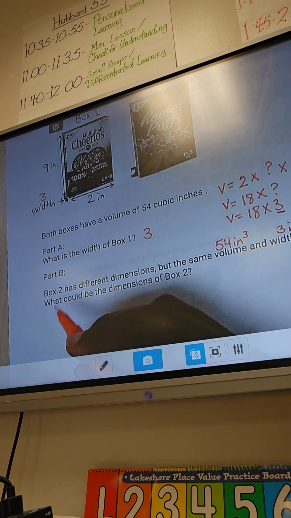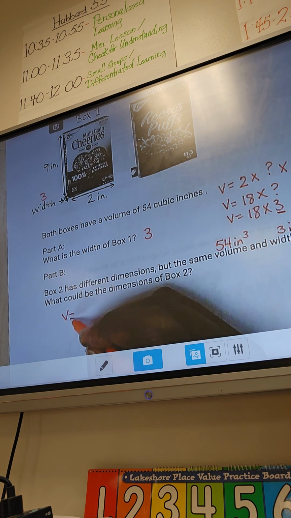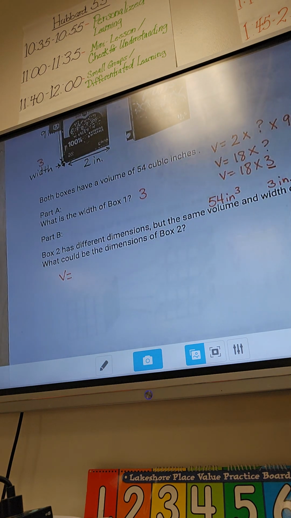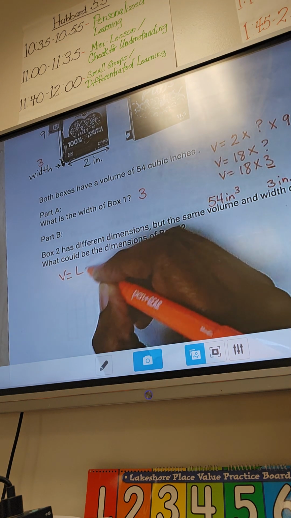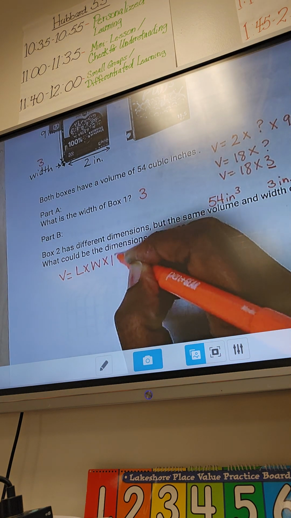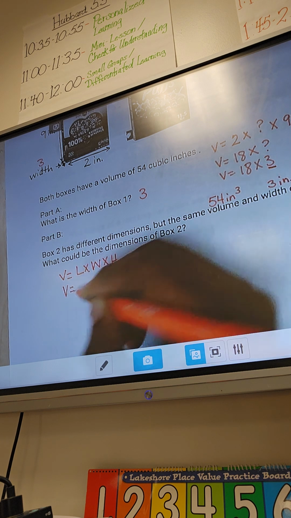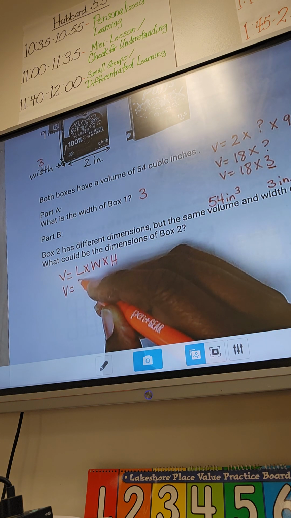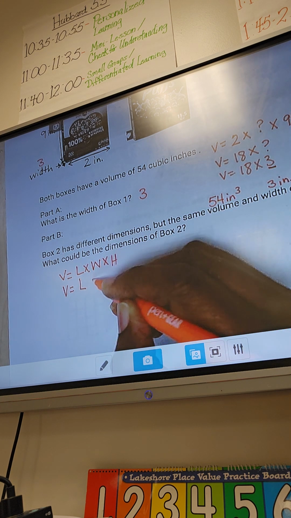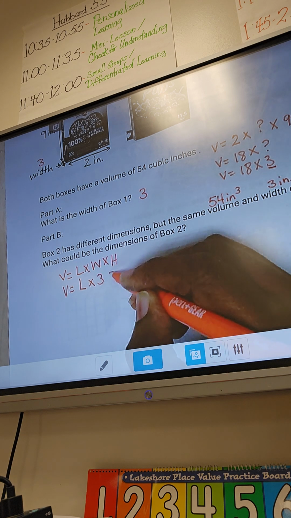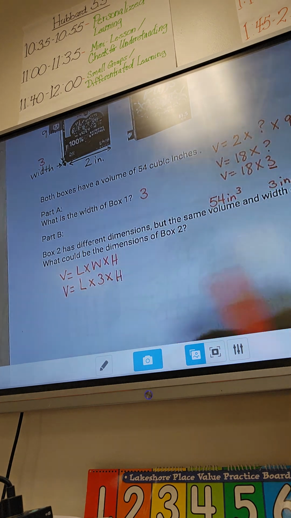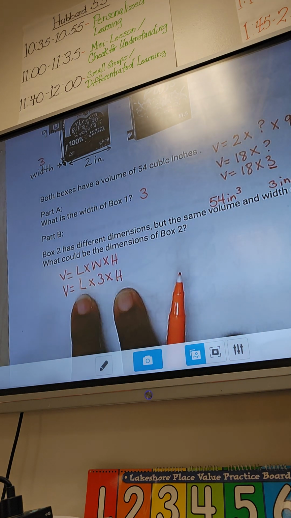So, I know that volume equals length times width times height. So therefore, volume equals length times 3 times height. But we don't know what length and height is, but we know if we multiply together, it has to equal what? 54.